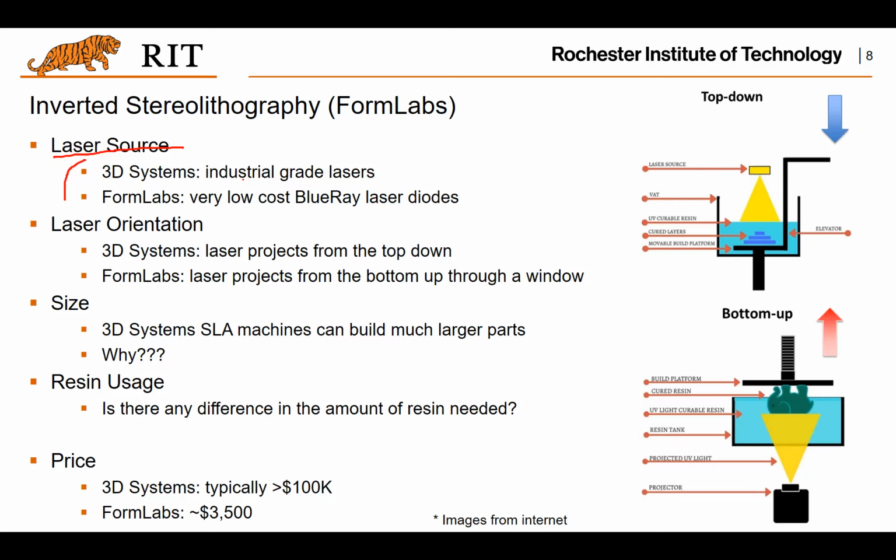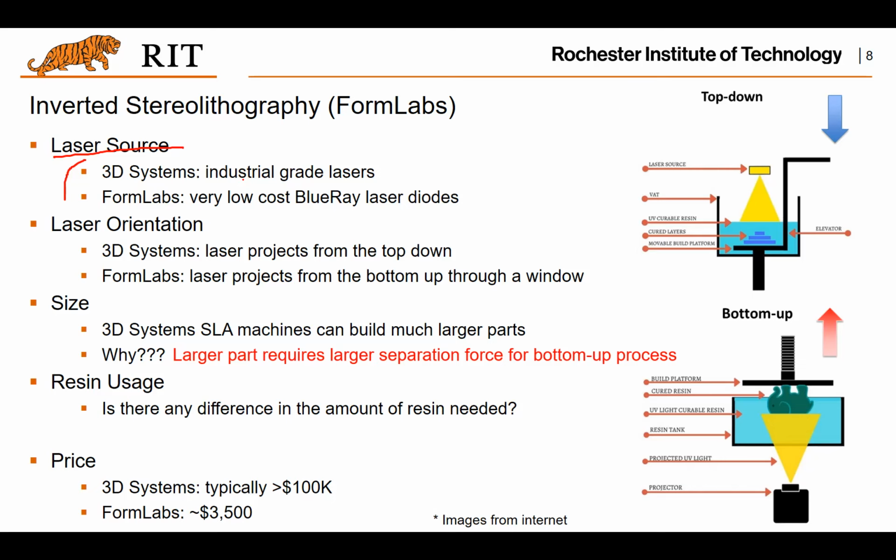The reason is if you build a larger part using the Formlabs process, that will make the separation of the newly built layer and the bottom of the tank difficult. You cannot really separate easily. The separation force will become larger and larger, and the process turns out to fail. So that's why the part size is the limitation for such a process.